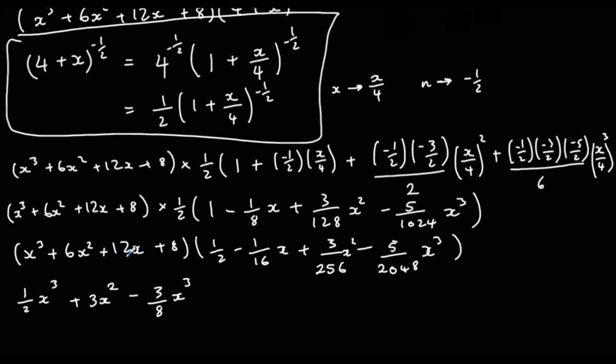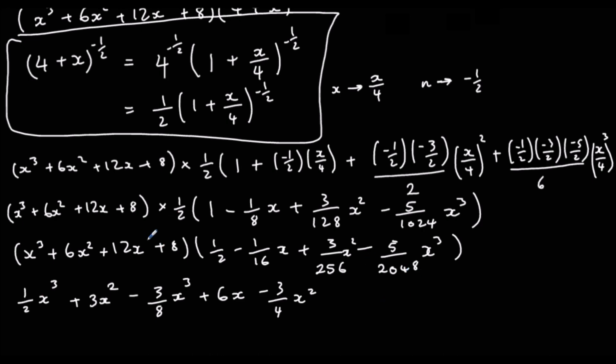So we'll move on to our 12x. 12x times a half is 6x. 12x times our negative 16th x. So 12 over 16 is 6 over 8, or 3 over 4. So negative 3/4 x squared.